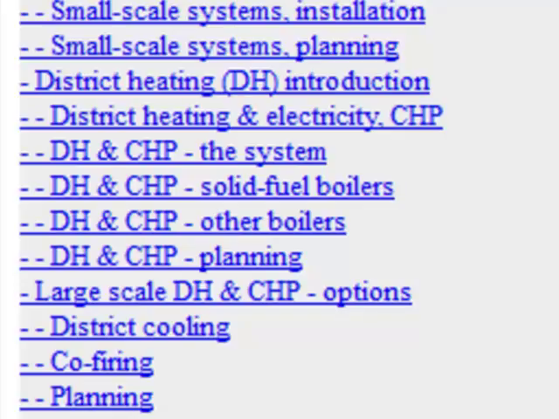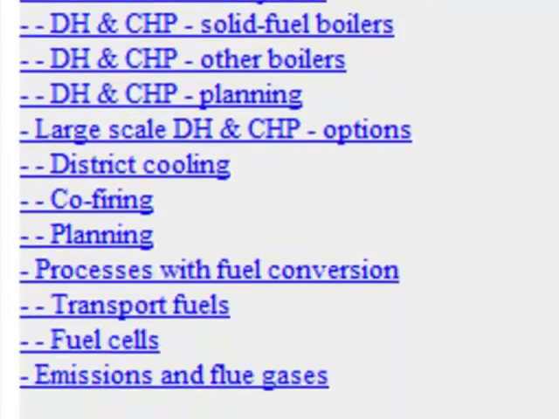Finally, different specialities are treated, like different options with large-scale district heating and combined heat and power production, such as the production of district cooling or co-firing with coal.